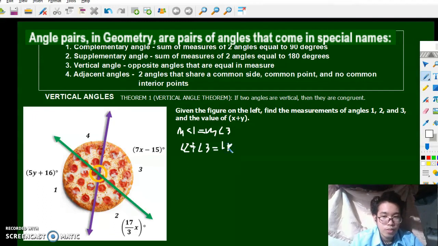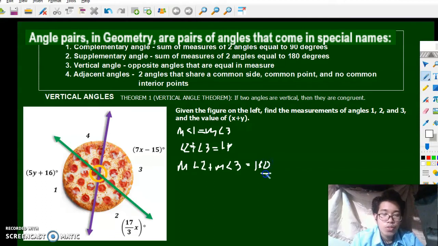Exactly, they're supplementary angles, so the measurement of angle 2 plus the measurement of angle 3 is equal to 180 degrees.